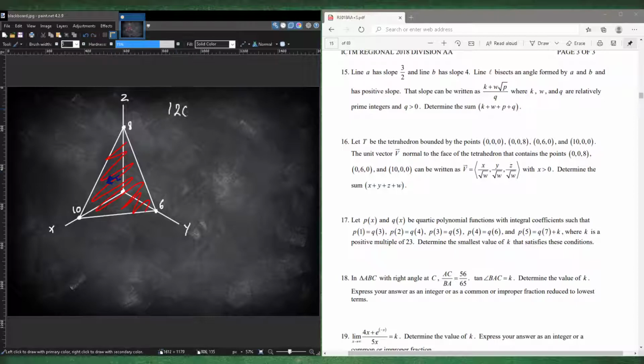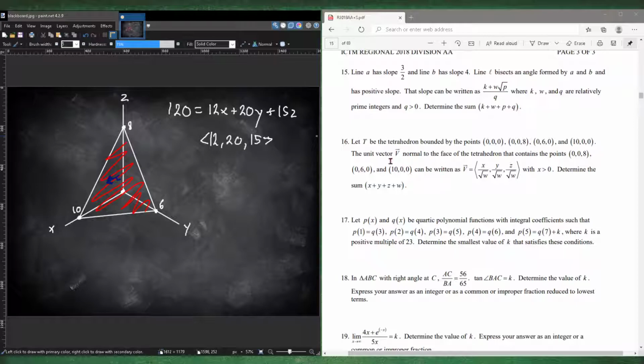So our equation is 120 equals, for our x, we divide by 10, so that's a 12. For our y, we divide by 6, so we get 20. And for our z, we divide by 8, so we get a 15. And now we got our equation. A good property about our equation is that the coefficients are equal to your normal vector. So your normal vector is 12, 20, 15.